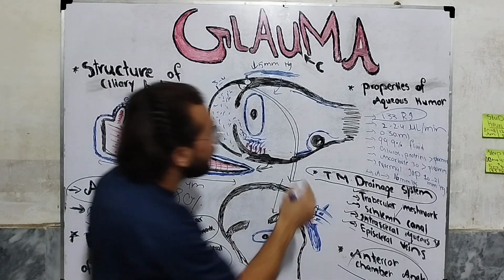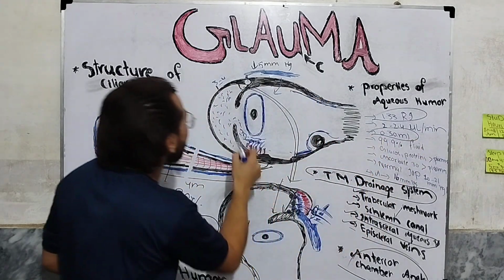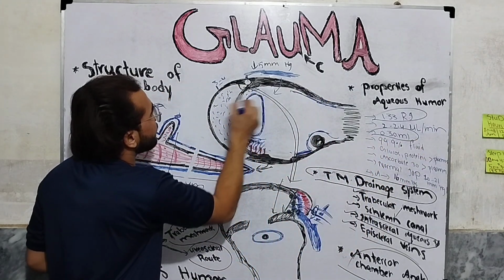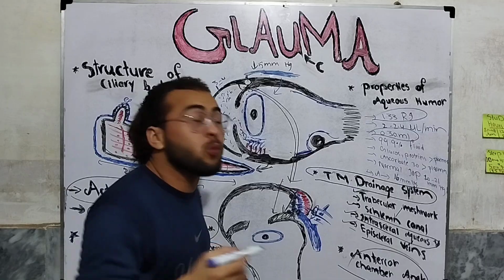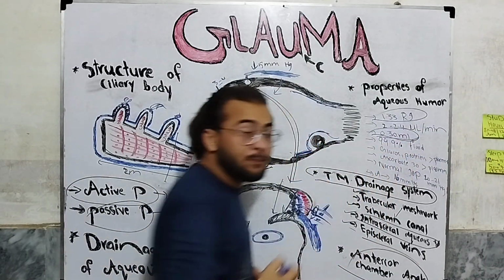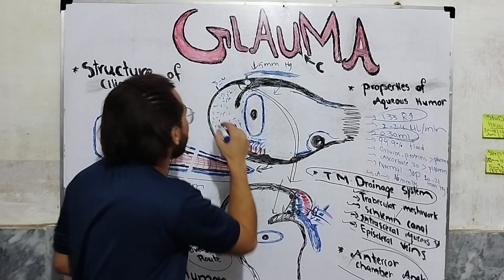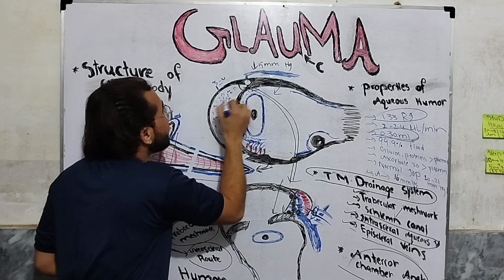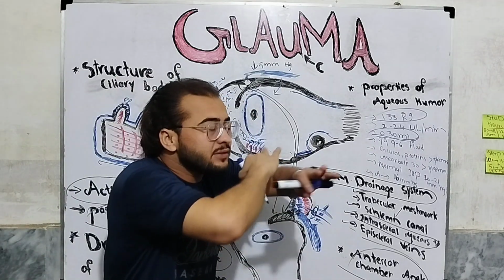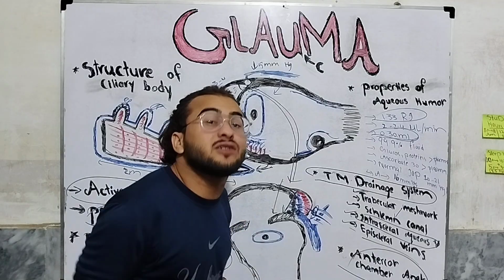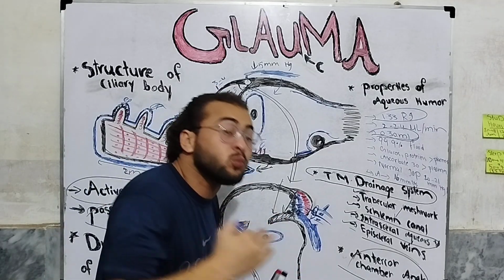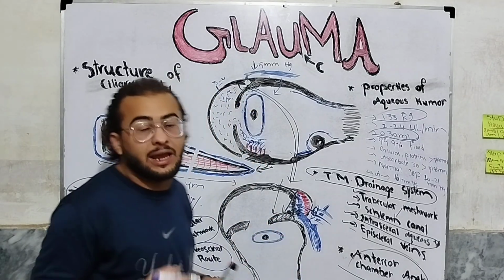And the entire volume in the posterior chamber and interior chamber is 0.30 ml. And remember, 99.9% of this aqueous humor is entirely liquid without any solid component, okay. So 99.9% is liquid.